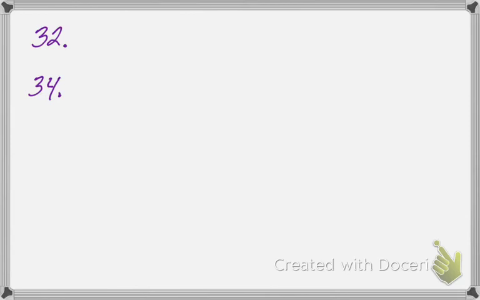If you have to multiply to get your answer, that means you have to have division in your equation. You have the opposite operation in your equation.